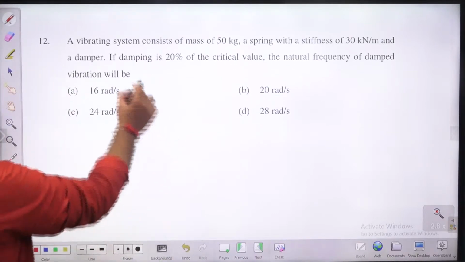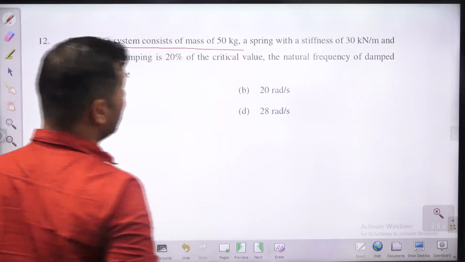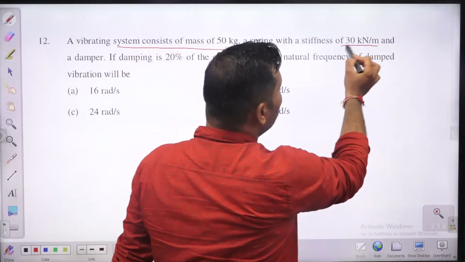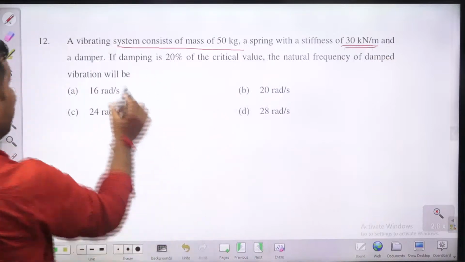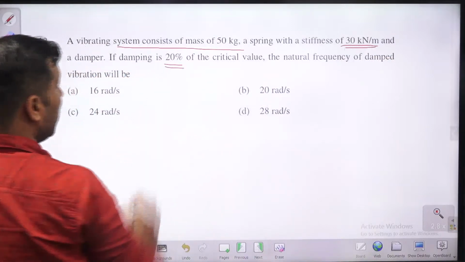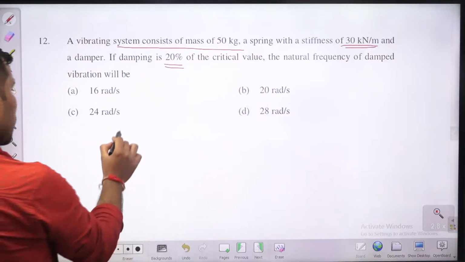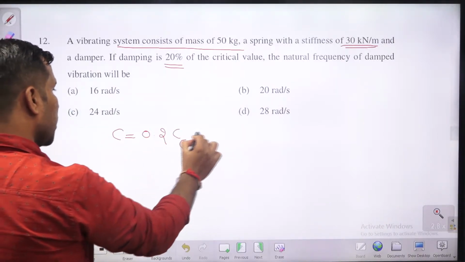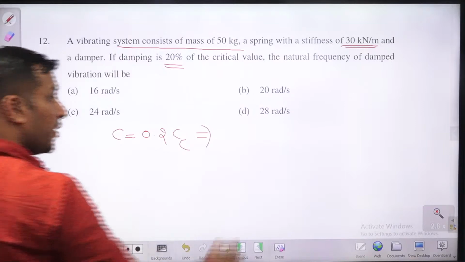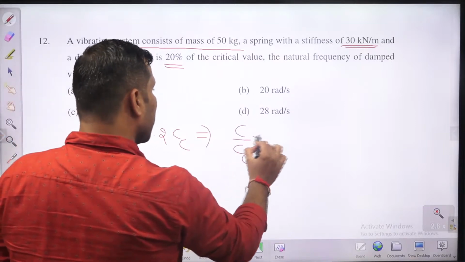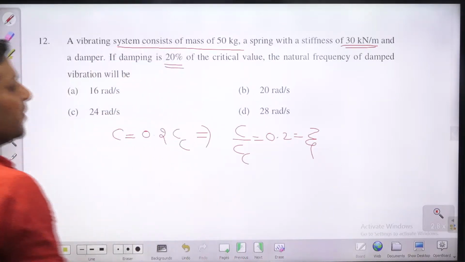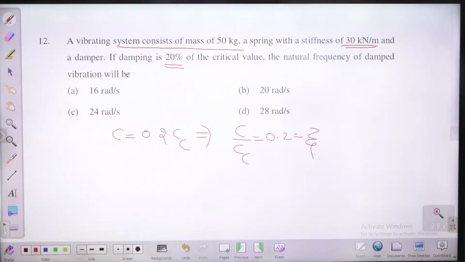There is a vibrating system consisting of mass 50 kg, spring of stiffness 30 kilonewton per meter, and a damper. The damping is 20% of the critical damping, guys. So C equals 0.2 of Cc. Indirectly he is giving you c by cc equal to 0.2, which is nothing but zeta, the damping factor.